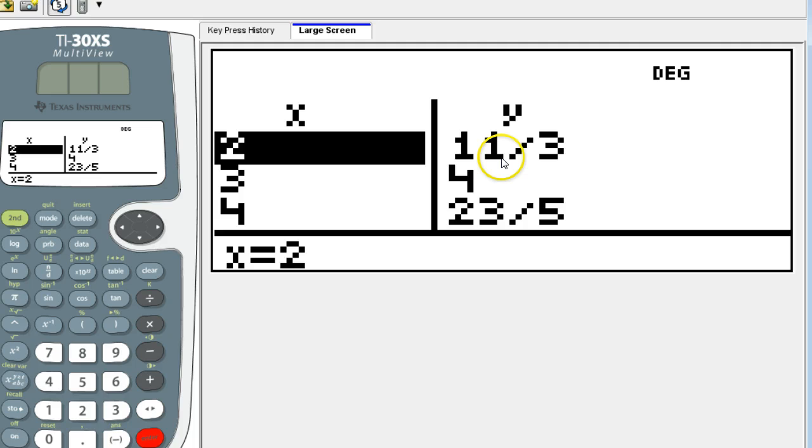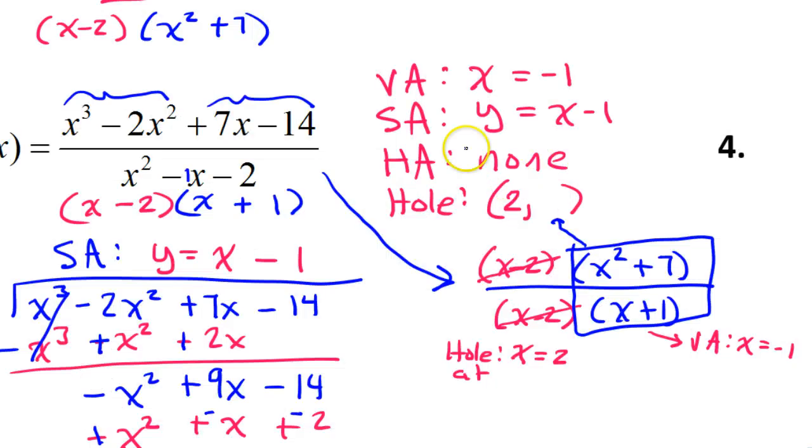All right, so at 2, I have a y value of 11/3. Please leave it as a fraction. Do not make this a decimal, because it would be imprecise and sloppy. Okay, so that's what we have.